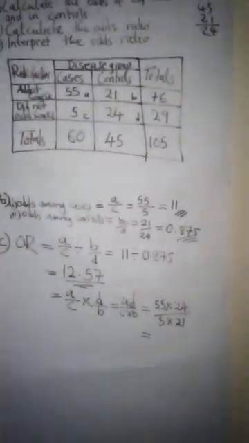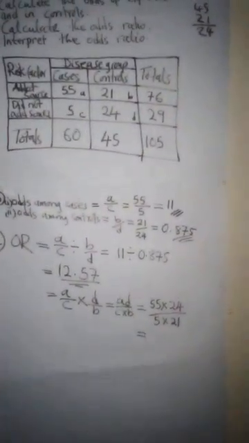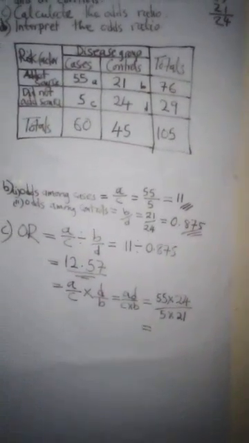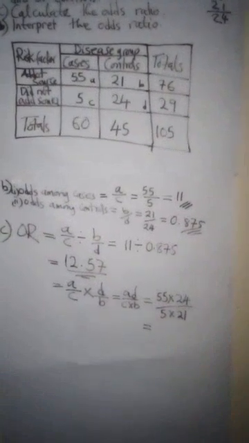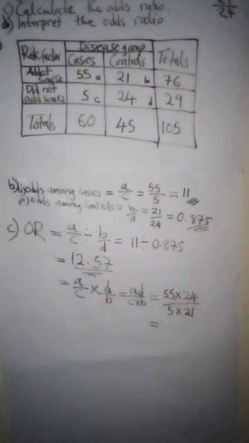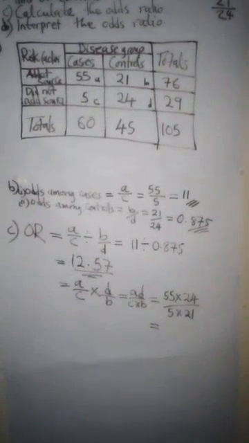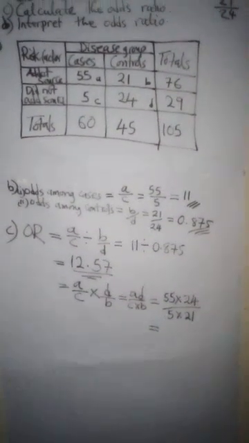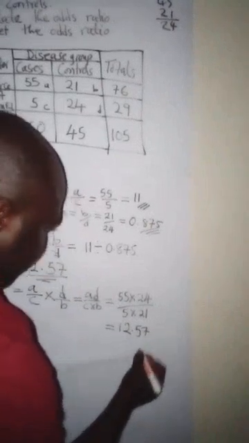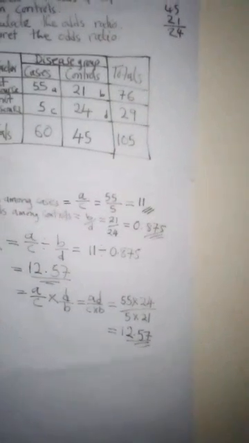So 55 times 24 divided by 5 times 21 gives me 12.57 as our odds ratio, the same answer as we found using the other method.